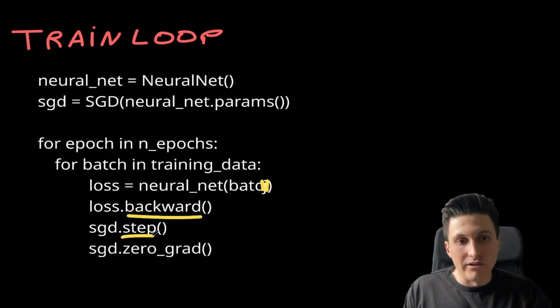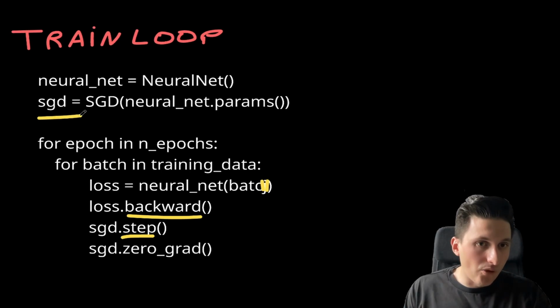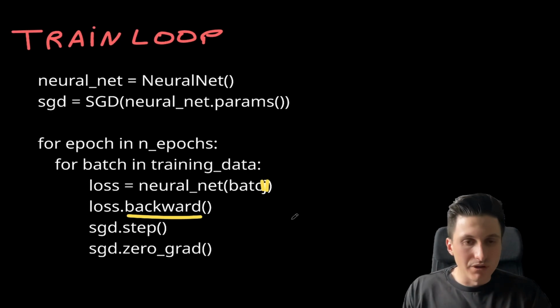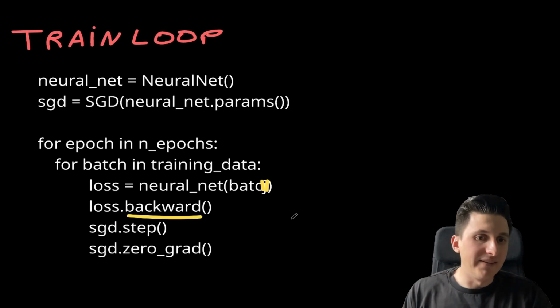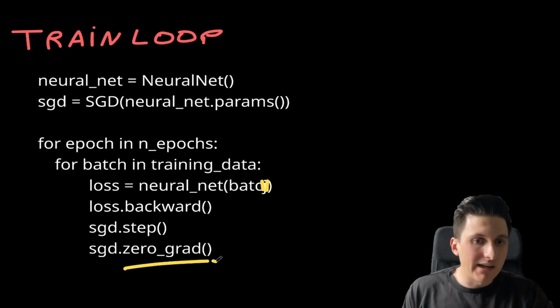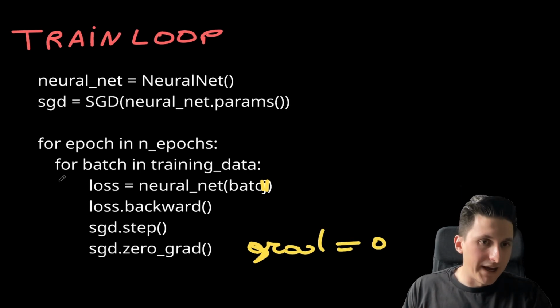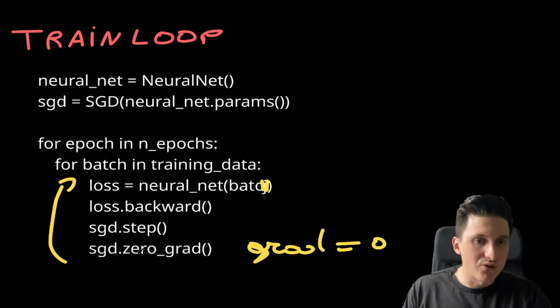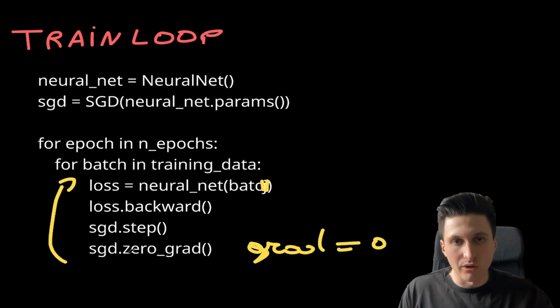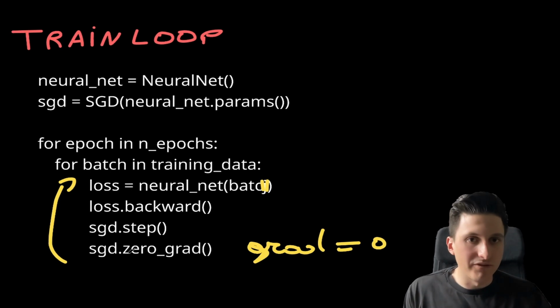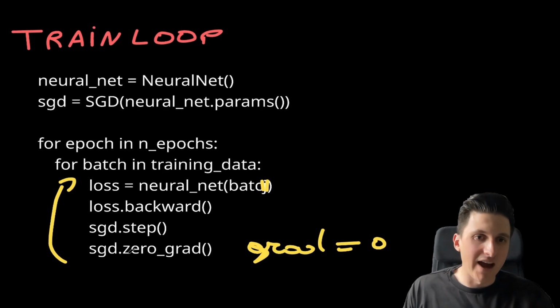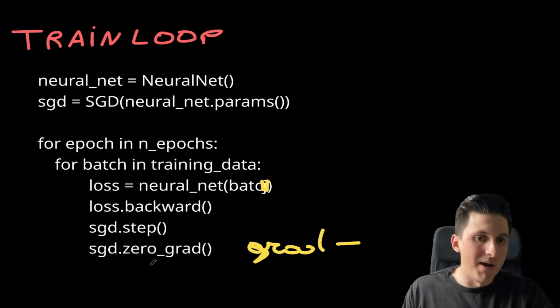Then we can call the step method on our optimizer, which will use these gradients to update the actual data. And finally, we will call zeroGrad to once again reset all these gradients to 0. So in our next batch, we can once again calculate only the loss for that batch and not have the previous gradients affect the gradients of the new batch.